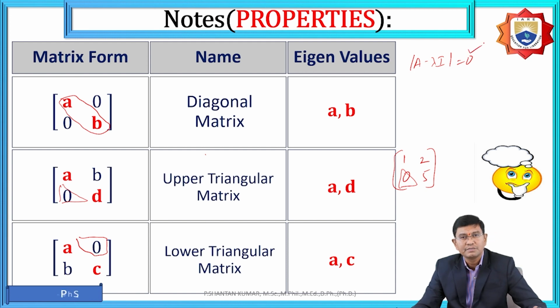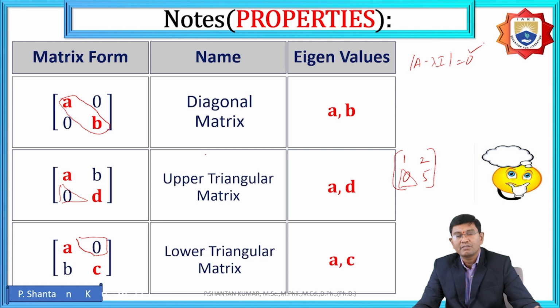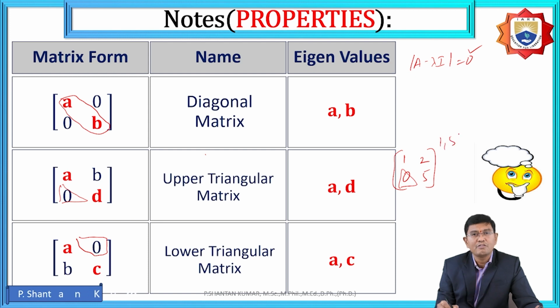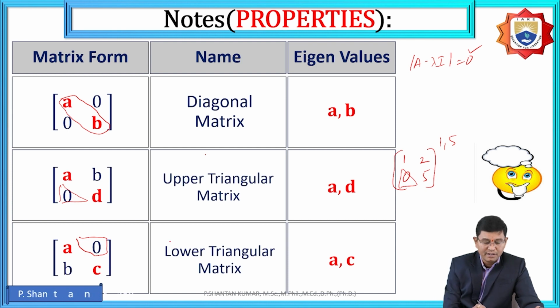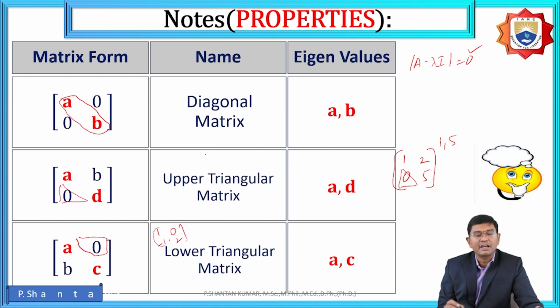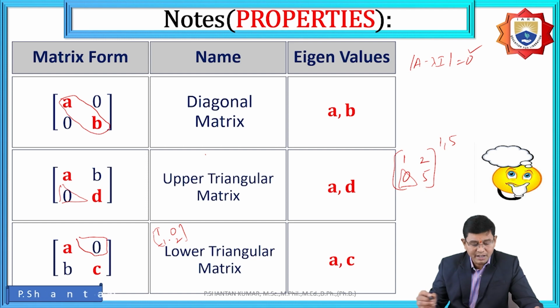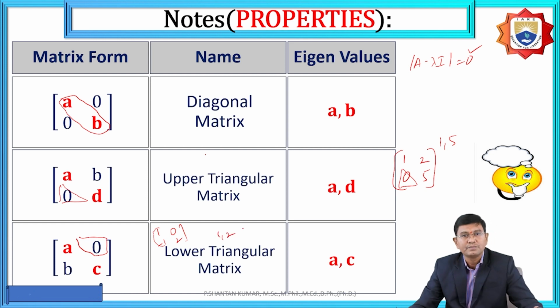According to the characteristic equation, the eigenvalues are the diagonal elements, lambda equal to 1, 5. Similarly, for a lower triangular matrix, consider [1 0; -1 2]. It is lower triangular because the element above the diagonal is 0. Here the eigenvalues are 1 and 2. So by observing the matrix, for a diagonal, upper triangular, or lower triangular matrix, the eigenvalues are the diagonal elements.